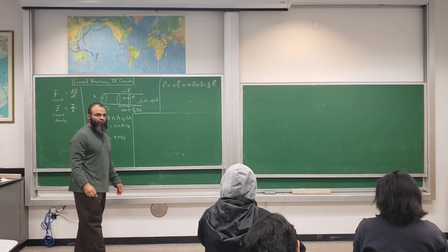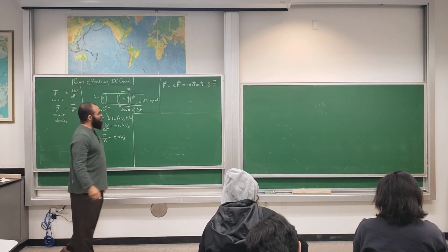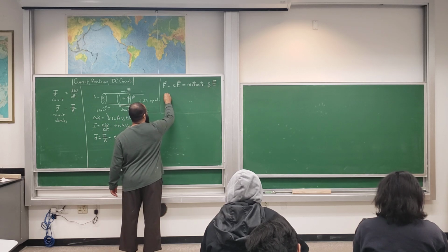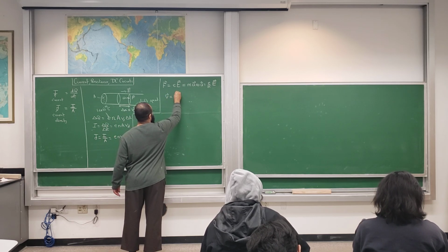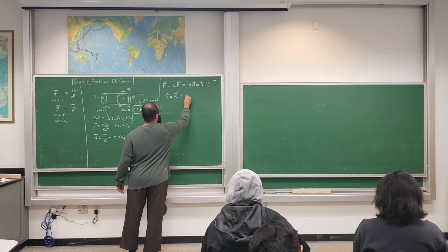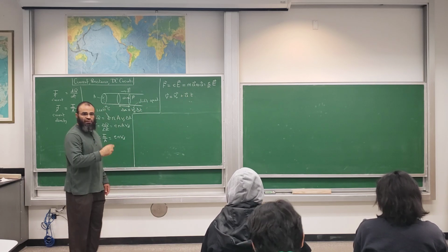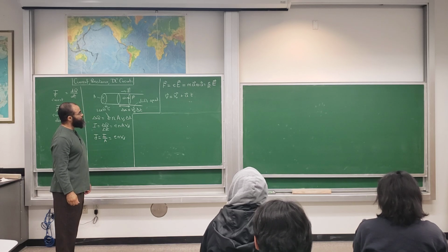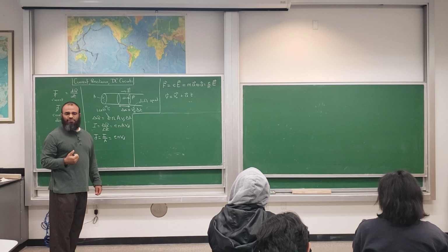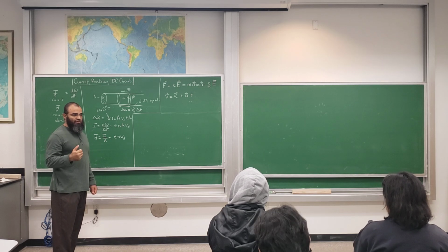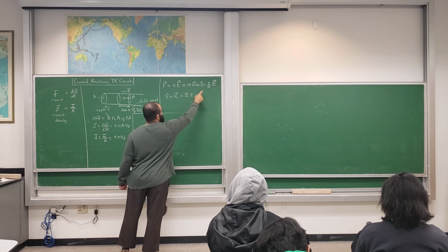That's the acceleration of that charge. From kinematics, we know that velocity is equal to v initial plus the acceleration times time. This is from mechanics, right? And we're going to substitute for the acceleration.